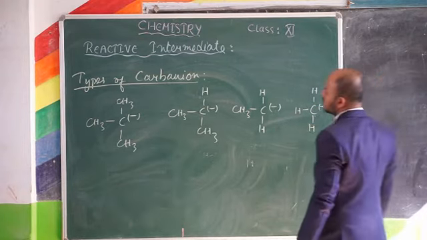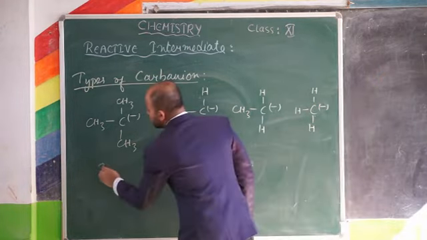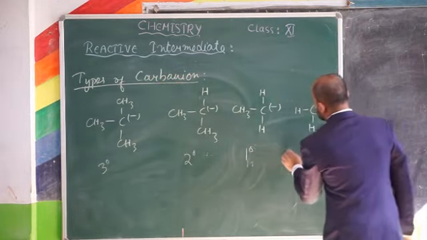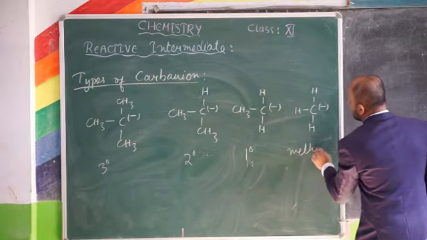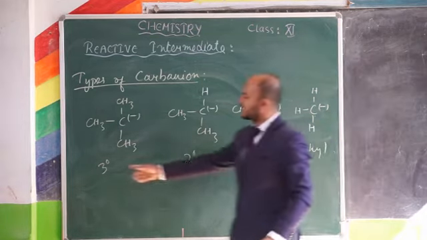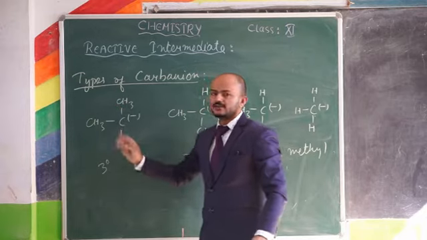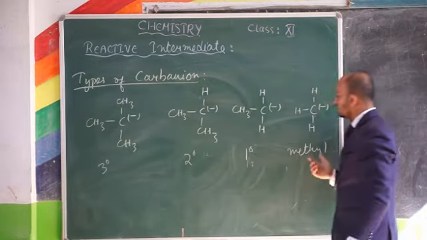So this is the third degree carbanion, this is second degree, this is first degree, and this is methyl carbanion. Tertiary, I told you, means this carbon containing a negative charge is attached to 3 carbons. Here 2 carbons, here 1 carbon, here no carbon.